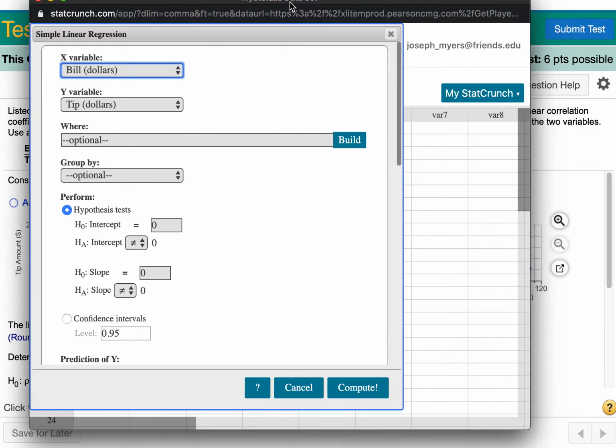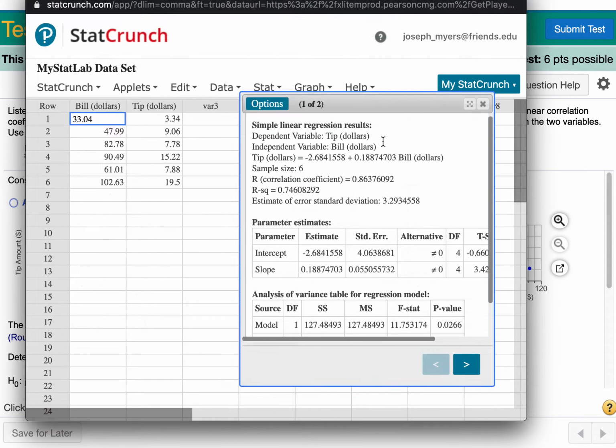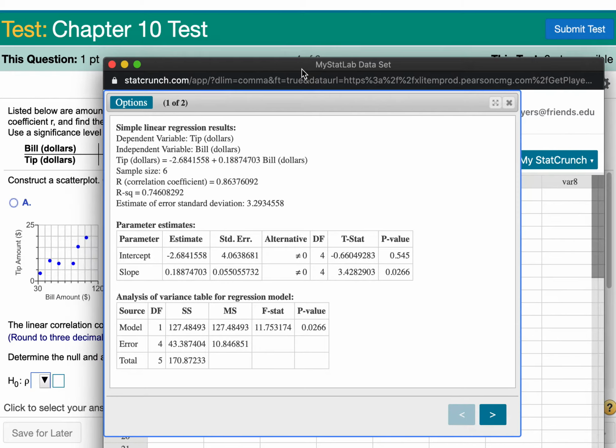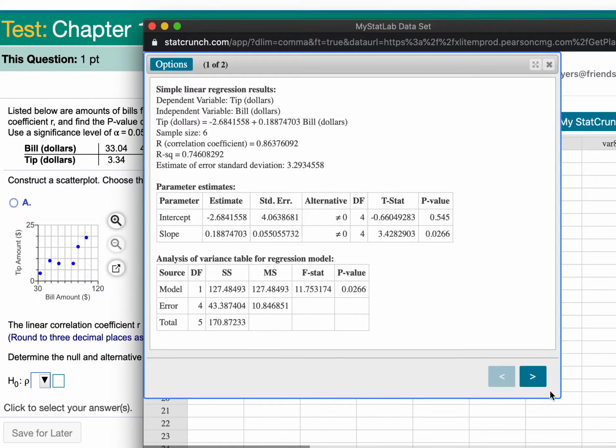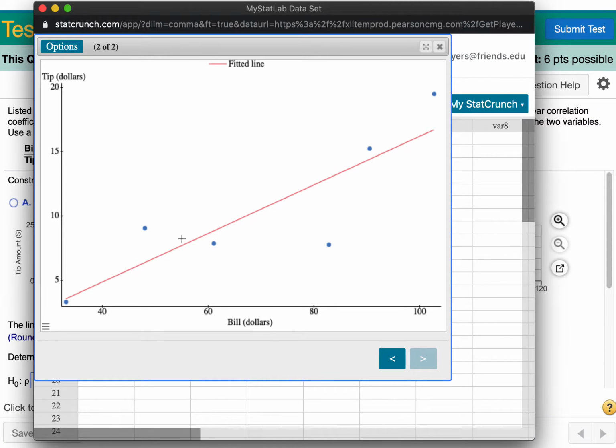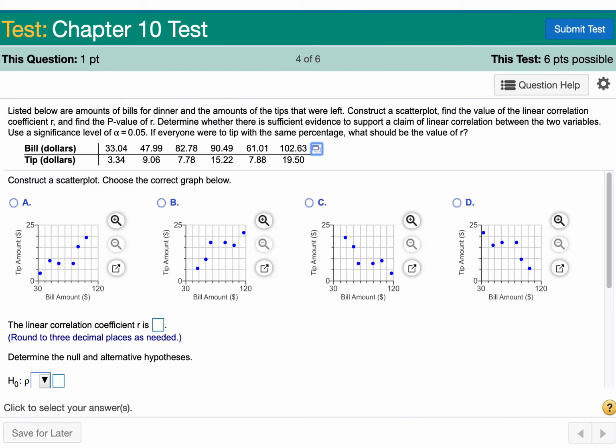Okay, now click Compute, and there's the results. Let's look again at the scatter plot. On this scatter plot, there's 3 little dots in the middle, and then 2 dots higher over at the end. Let's see if there's anything that looks like that in the options.